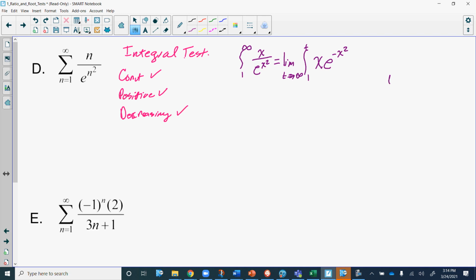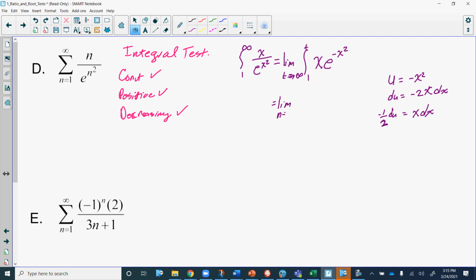So again, I'm looking at u in this case as being negative x squared, and du will be negative 2x dx. And so now I'm going to get a constant of negative 1/2 in front of my integral to give me x dx here.